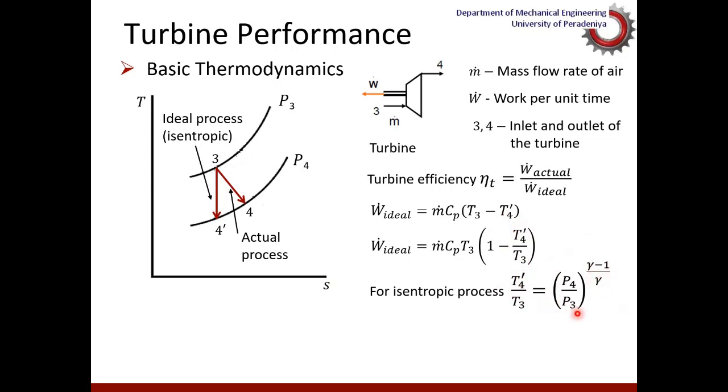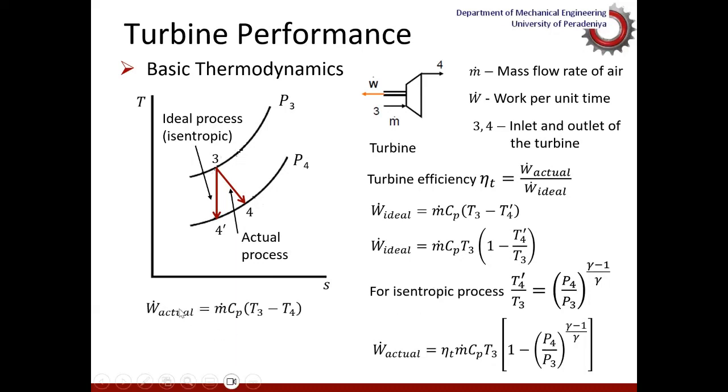You can simply substitute this T4 prime divided by T3 with the pressure ratio to the power of (gamma minus 1) divided by gamma. So, with the help of the turbine efficiency, actual work per unit time is turbine efficiency into ideal work per unit time. So ideal work per unit time we know now. Accordingly, we'll be able to find the actual work per unit time produced by the turbine. And similarly, we know that the actual work per unit time produced by the turbine is m dot Cp into T3 minus T4.